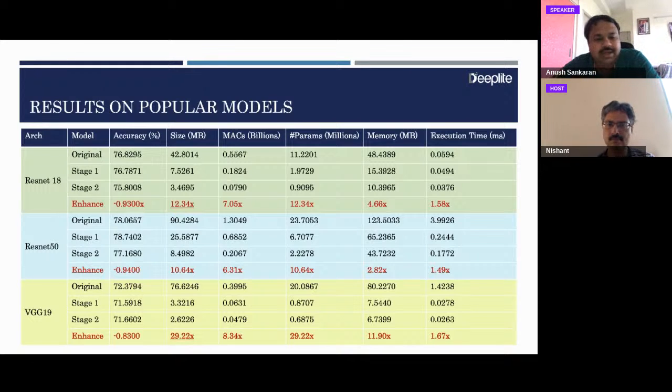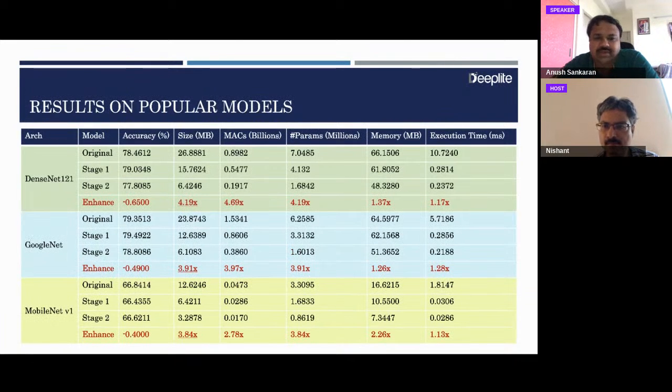We have achieved similar kinds of results on other models also: DenseNet 121, GoogleNet, MobileNet v1, whatever model you are trying to see. We have consistently optimized on all the parameters without reducing the accuracy more than 1% of the original model.